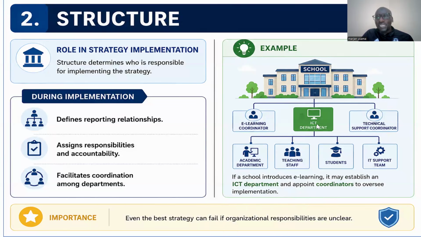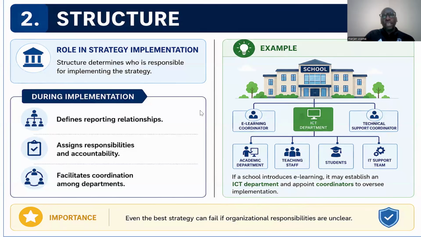We have the ICT department, the technical support coordinator, and down here we have the academic department, teaching staff, students, and ICT. So this structure enables what? It enables coordination, and even from the image, you can see the relationships are clearly determined.